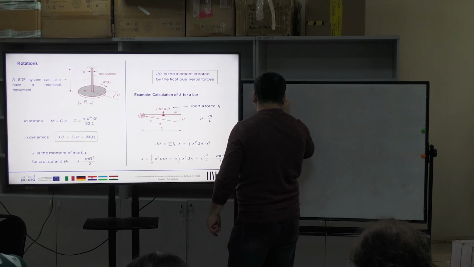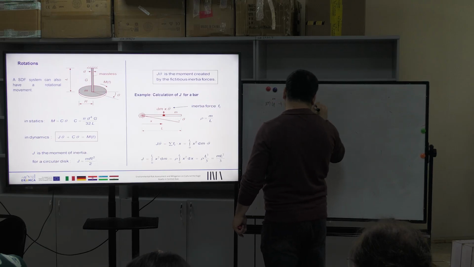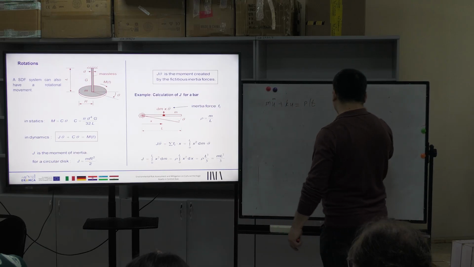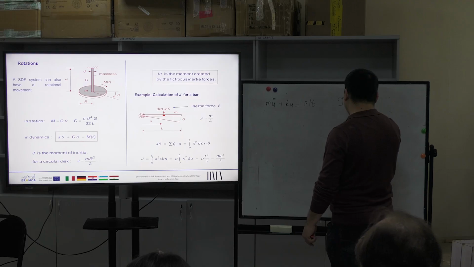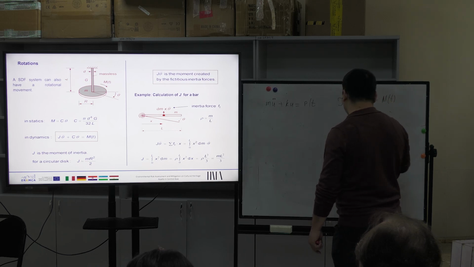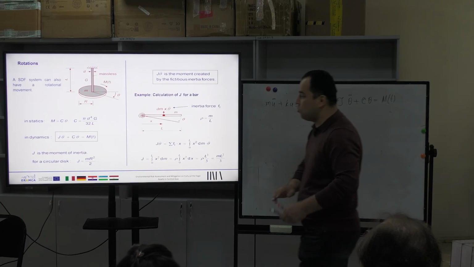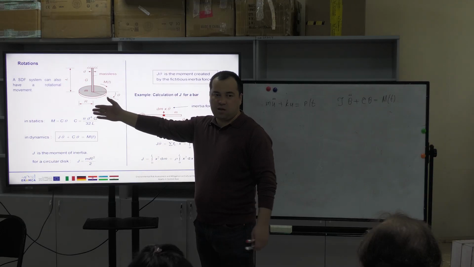In previous case, m u double dot plus ku was equal to pt. In our new case, J theta double dot plus spring stiffness theta is equal to Mt. Mt is some rotational moment, external moment. Let me say something like a force.